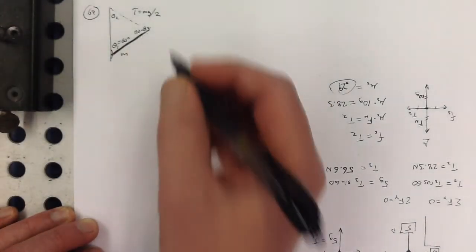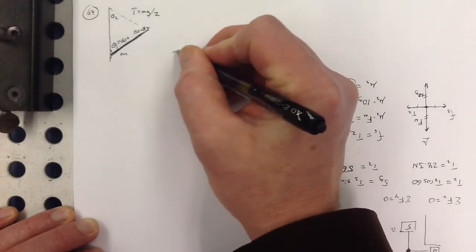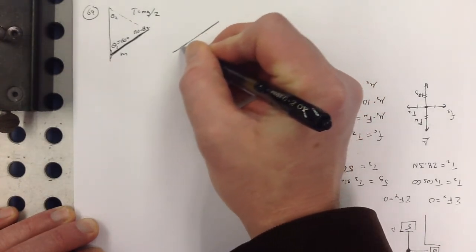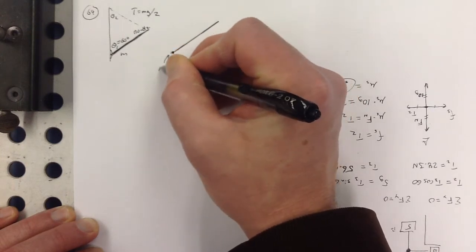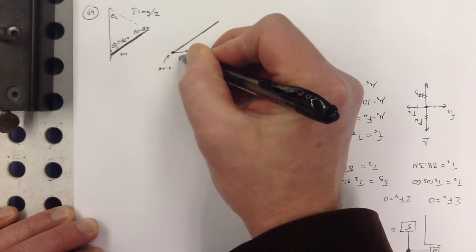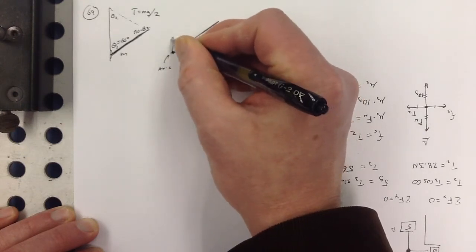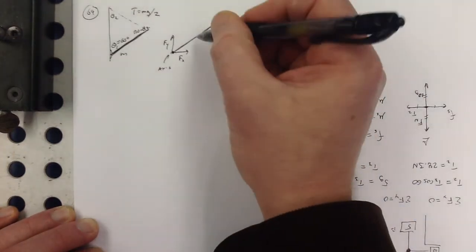All right, so let's see. I'm going to make my force diagram for this beam. Here's the beam. Take its axis to be here, so I don't have to worry about those, but I will put them in anyway because they're there.